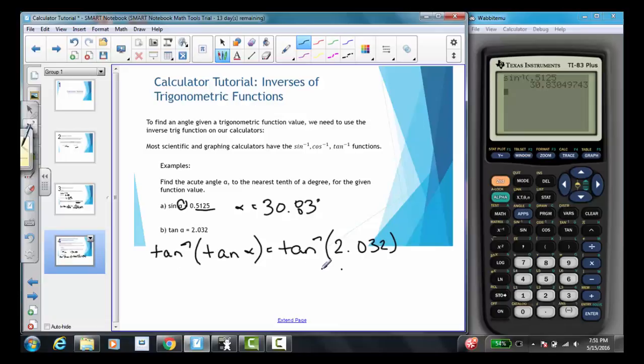So basically when I take the tan inverse of both sides, the tan inverse and the tangent are crossing out, and I'm left with alpha equal to second tangent, which gives me tan inverse of 2.032, and I'm left with alpha equals 63.79. All right, and that's really all you need to know as far as using your calculator.